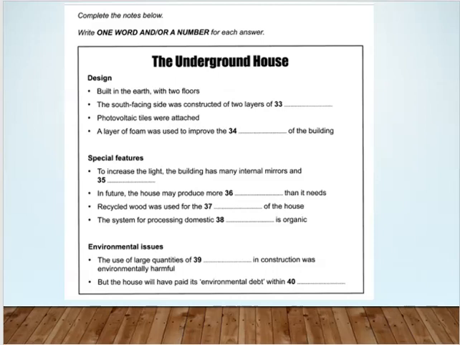So definitely the clue is that at least one answer would be a number. Then you can see the title, that is the underground house, and the side headings, that is design, special features, environmental issues. So these are the factors which will tell you when the audio is going from one section to another section. So this is the brief overview of how note completion questions should be analyzed.